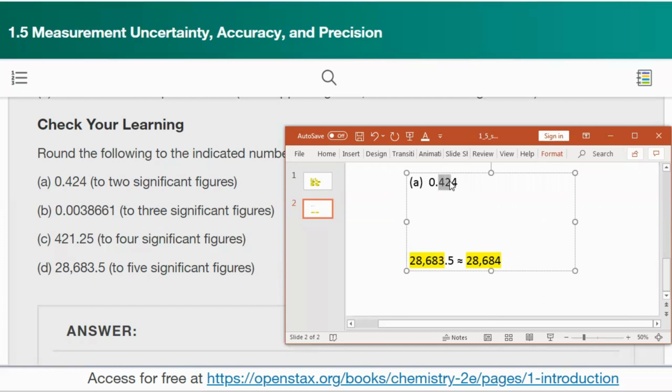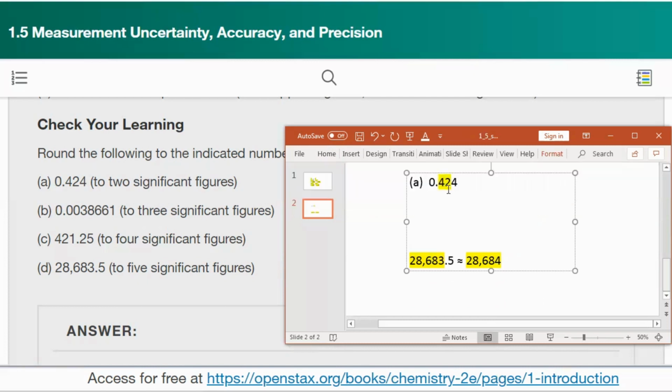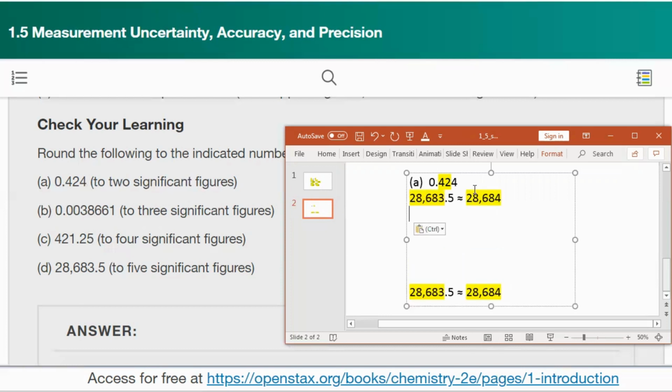So in the original figure, we have three figures, but we're only going to retain these two highlighted in yellow as the significant figures.